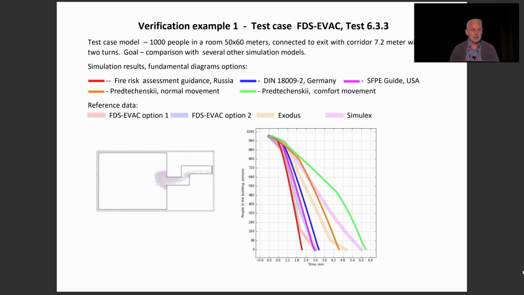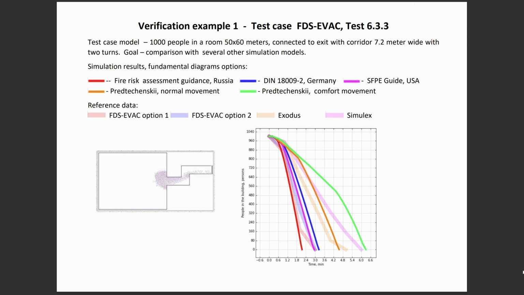The first example that I will present is the test case 633 from FDS Evac guide. This case is a room with 1,000 persons and a corridor with 2 turns.